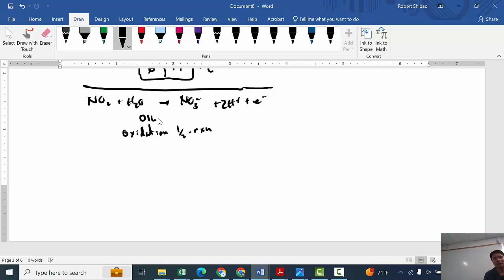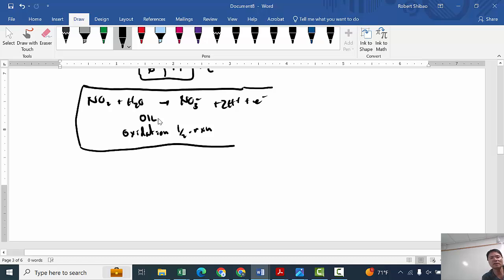They always have to be accompanied by something. So that electron has to go somewhere. So this is the oxidation half. What do we need? We need a reduction half. Something oxidized this, and so we got to figure out what the oxidizer was.